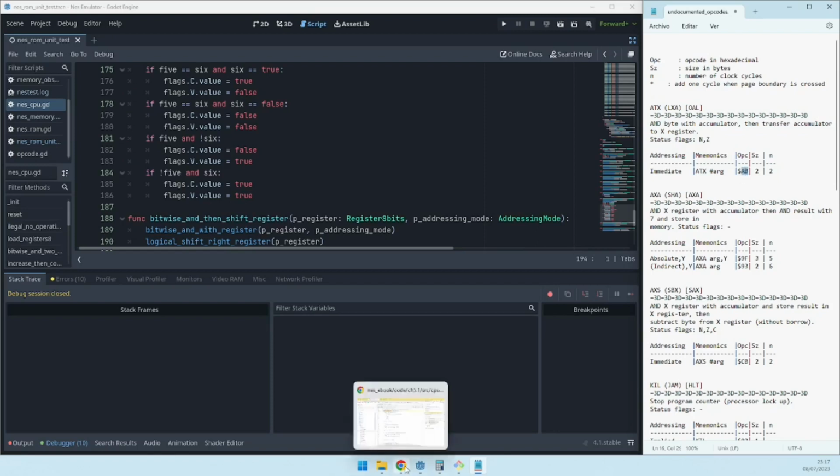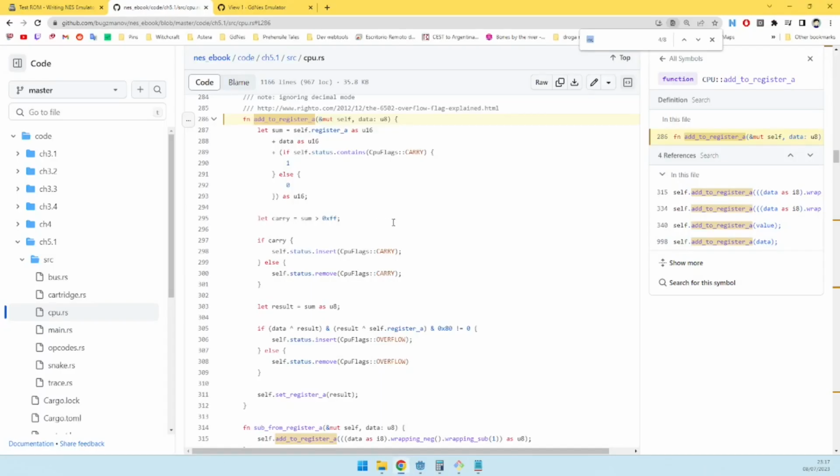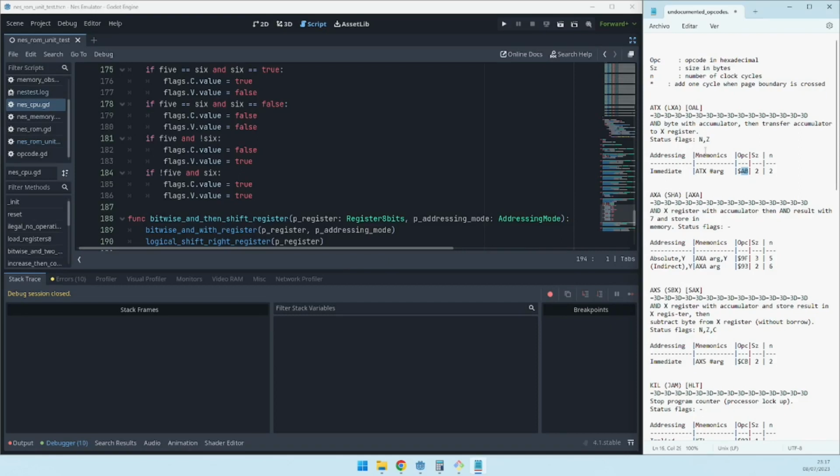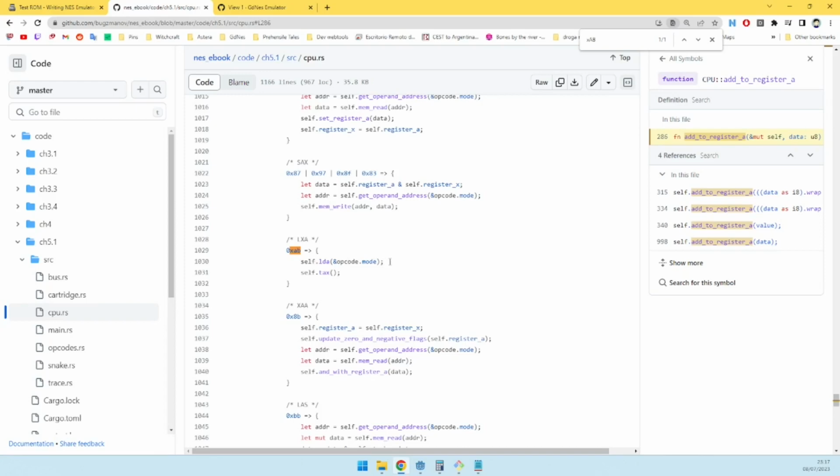Let's see AB. I forgot I was supposed to do this. XAB, and it is loading from the opcode. So it is not making an AND operation, it is just loading. And then transferring to X.